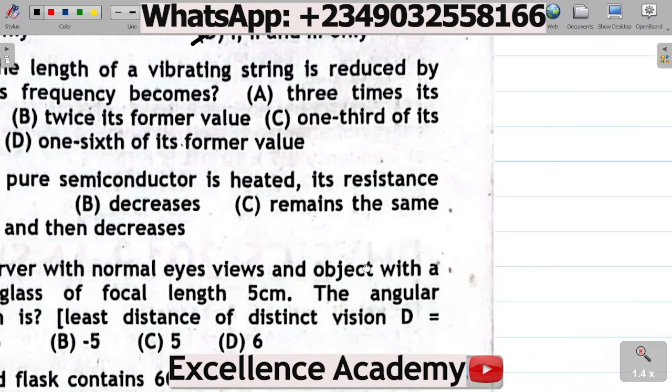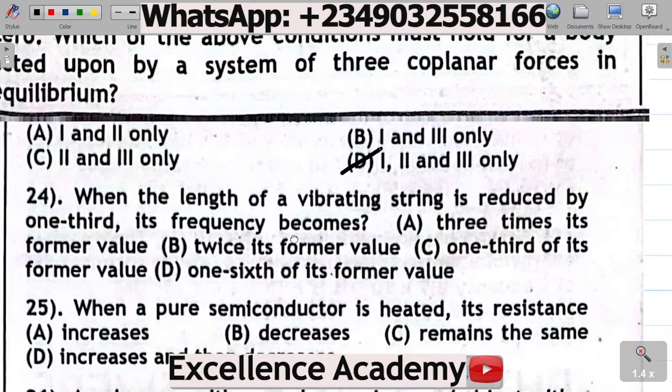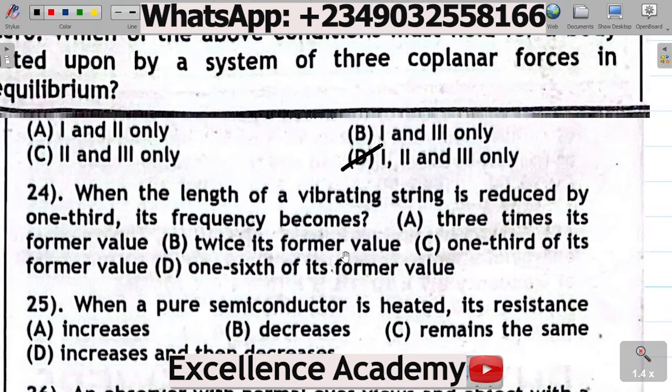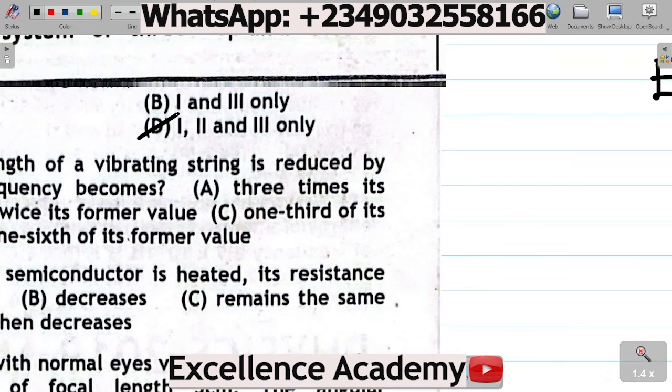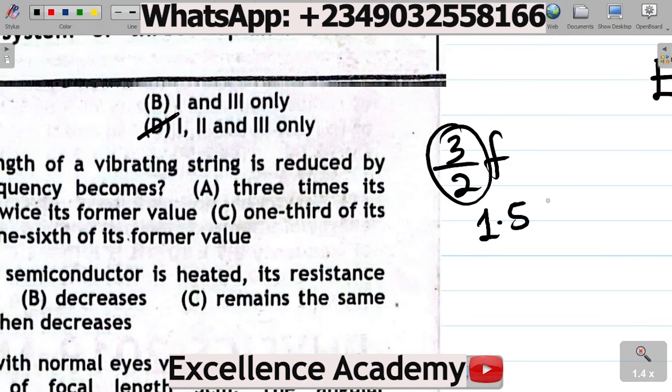Let's see the correct answer among the options. 3 over 2F. 3 over 2 is simply 1.5 of F, because 3 over 2 is 1.5.